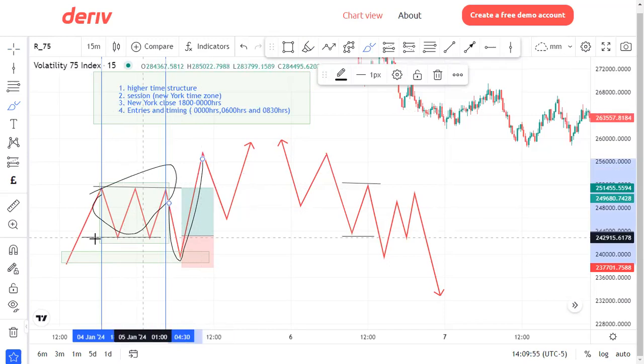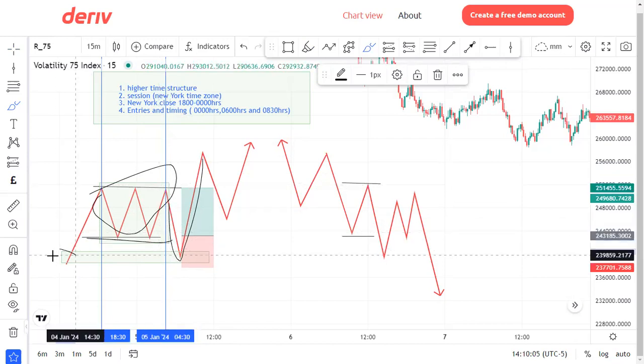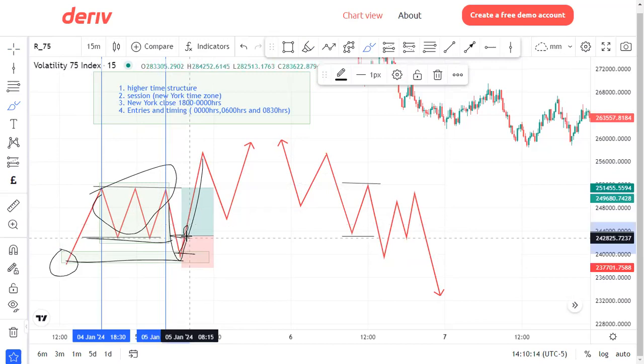Most of the times when we break a low during the open, the New York day open, you'll find there is an order block or something on your left. The market will come and react. You wait until the market gets back into that accumulation.